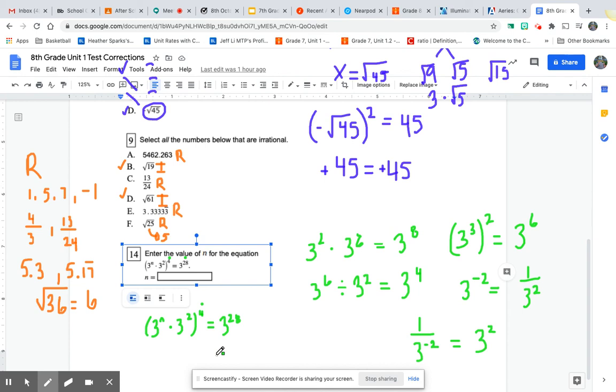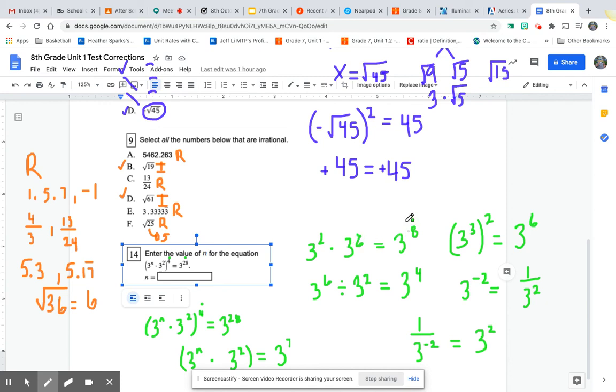We would have had to multiply it times 7. So inside of this parentheses, we know that 3 to the n times 3 squared should end up giving us 3 to the 7th, because this 28 would have been 4 times the 7.